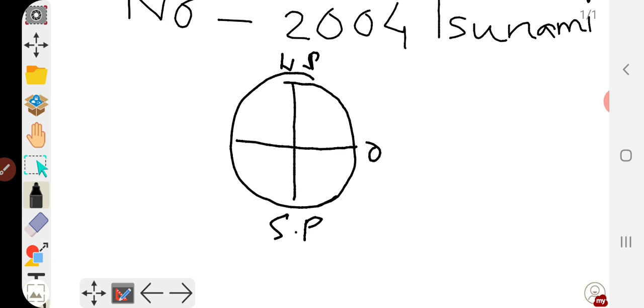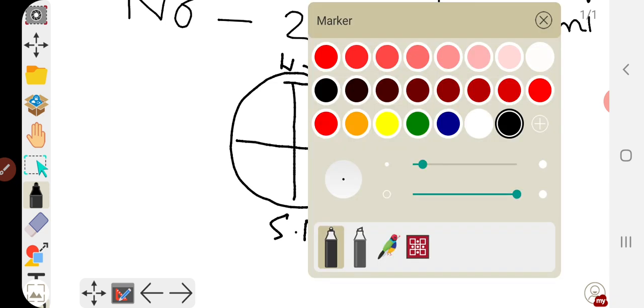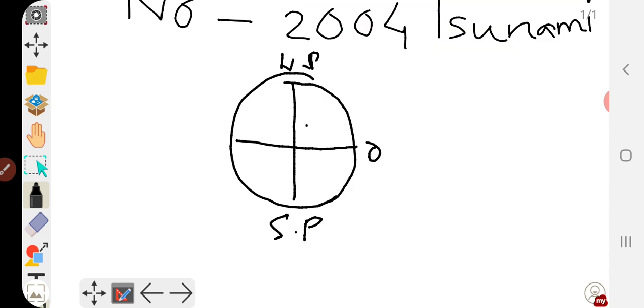Now our country lies somewhere over here in this part. So this equator divides the country into north and south, and this prime meridian divides the country into west and east. So India's location is over here.